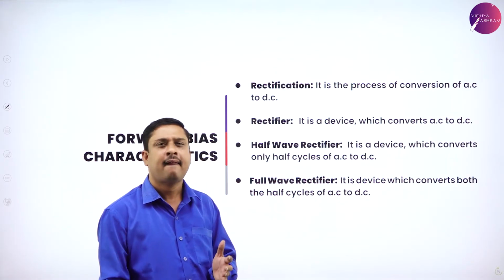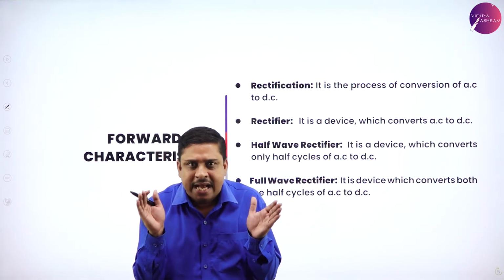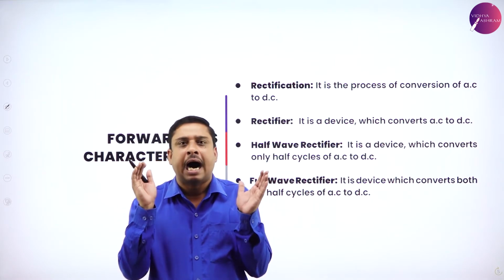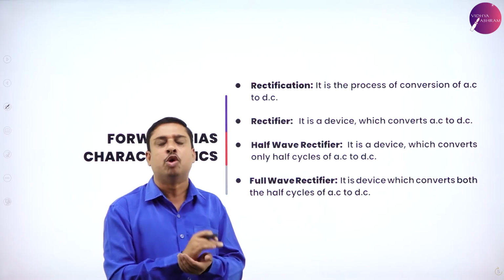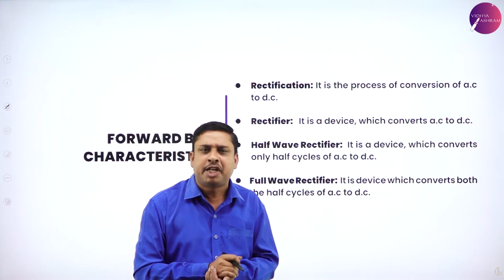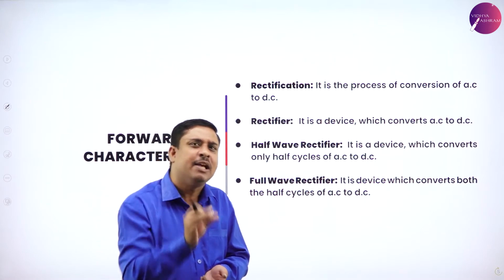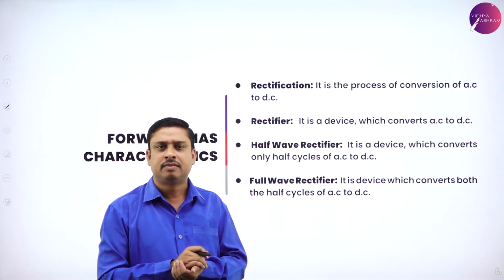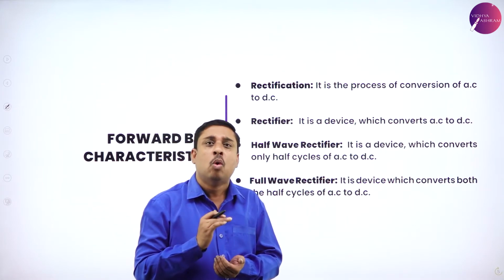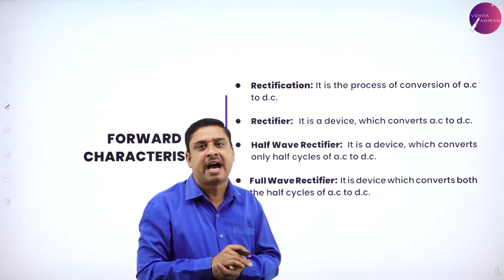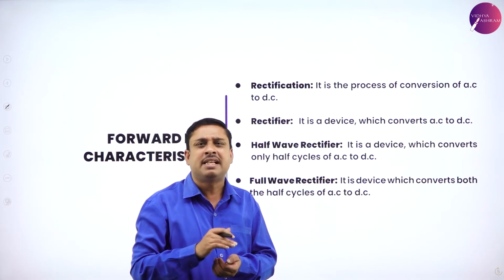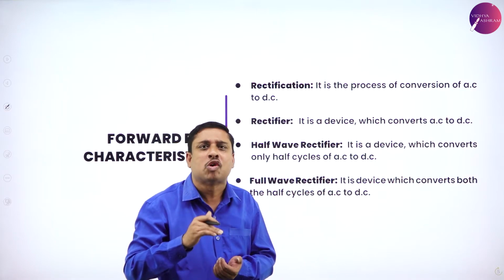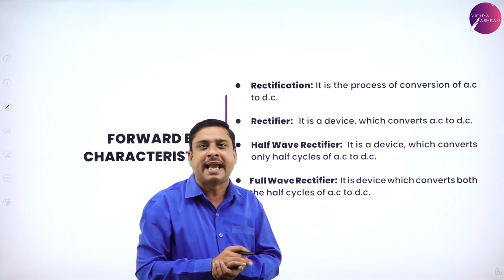Now, when I mentioned the uses of a PN junction diode, I told you it mainly works as a rectifier. So what is a rectifier? What is this entire process of rectification?